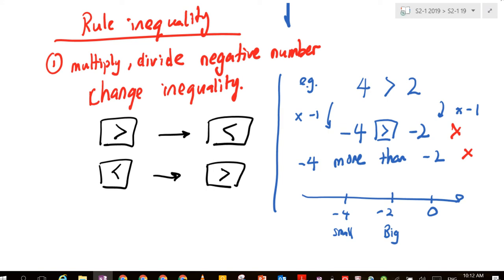Plus, minus not affected. No need to flip, no need to swap, no need to change, no need to do anything. Only times and divide by a negative number. Then you change the sign. If you learn this today, you win some of the Sec 4s above, because upper Sec still will have this problem when they choose to talk during Sec 2.